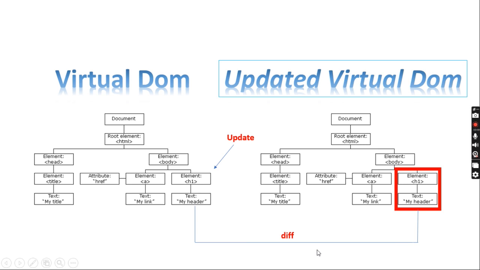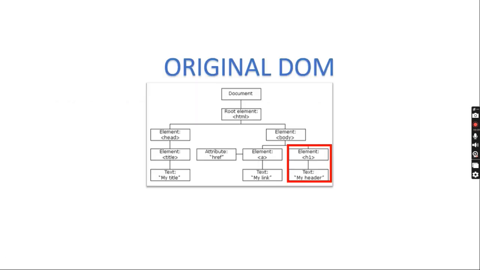That means it will compare the updated virtual DOM with the previous version of the virtual DOM. So now we can clearly identify that this element alone we need to change in the original DOM. Now React will update the original DOM based on the updated virtual DOM.